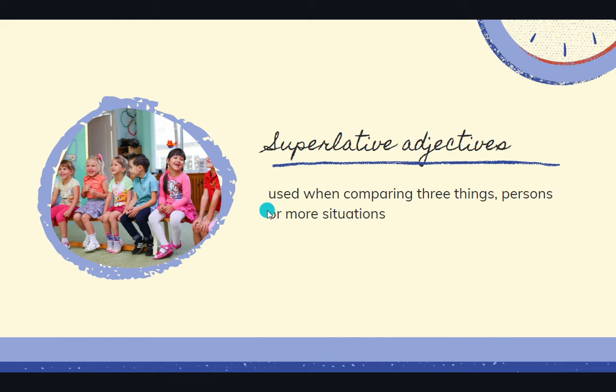Kata sifat yang digunakan untuk perbandingan 3 atau lebih benda, orang atau situasi. 3 atau lebih, 3 or more.